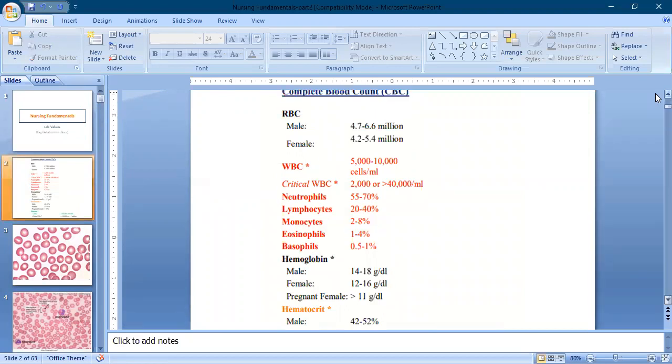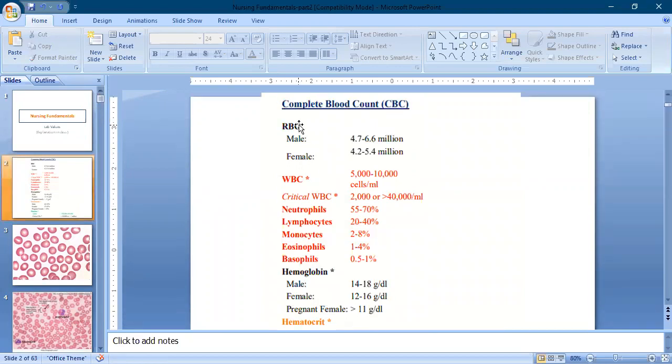So basically the red blood cell total number in the body is 4.5 to 5 million. But if you categorize man and female, in case of man it is 4.7 to 6.6, and in case of female it is 4.2 to 5.4 million.